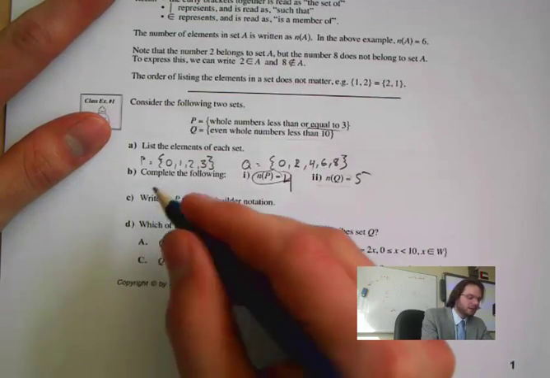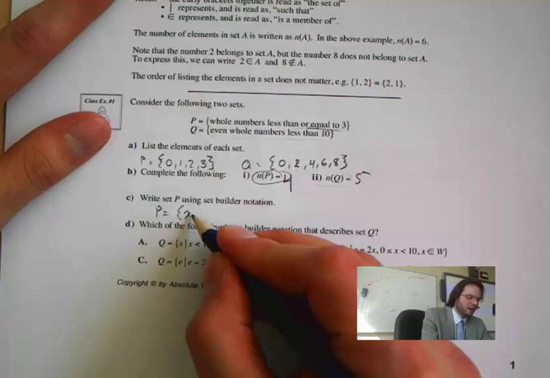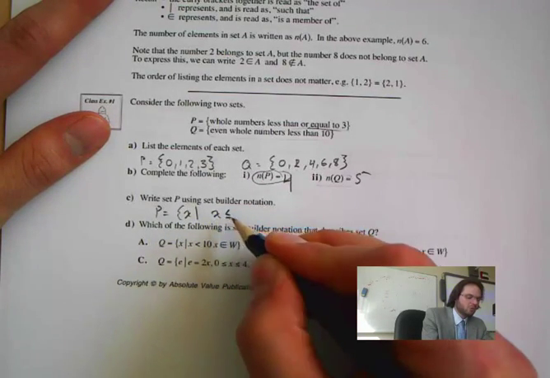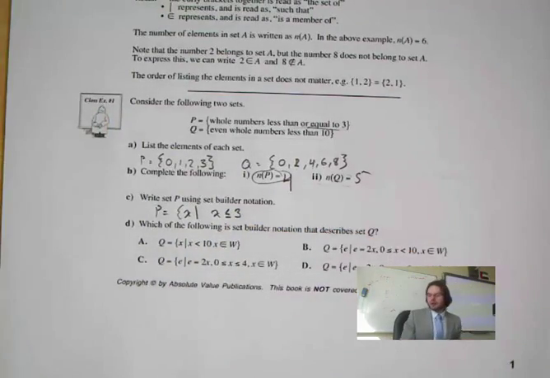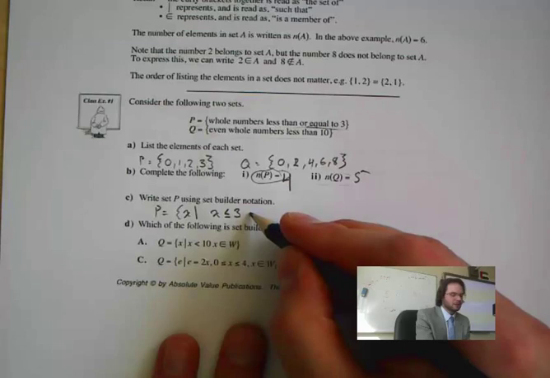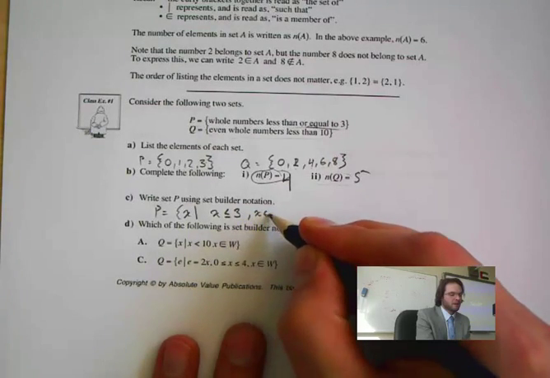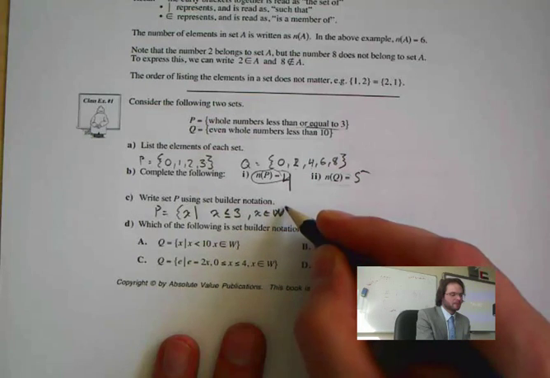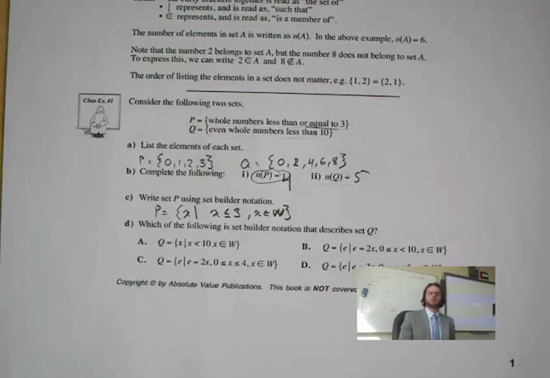So I'm going to say P is equal to x such that x is less than or equal to 3, right? But x is also an element of whole numbers. Okay? So it kind of looks like that.